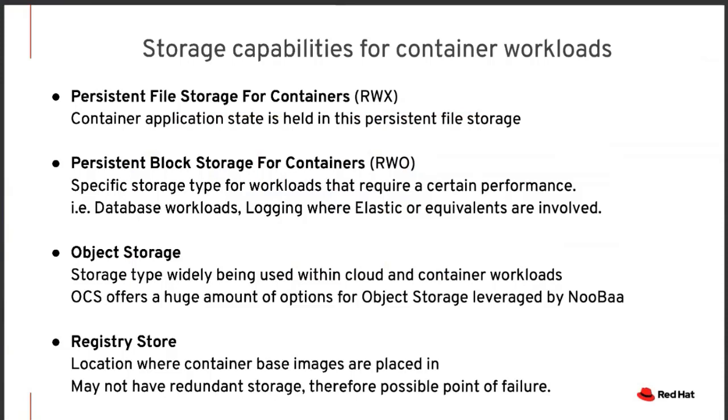Then there's a third one named object storage. This is also seen in public clouds, and that's named S3 storage, for instance S3 in AWS. This is where we place objects together with a label that has information on that object.